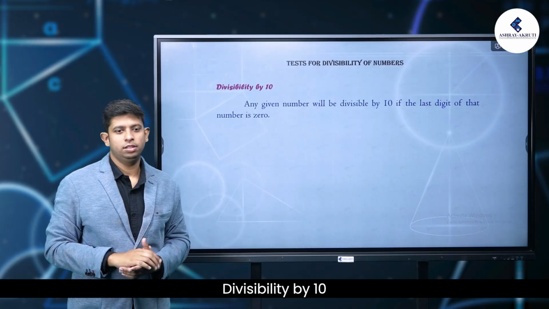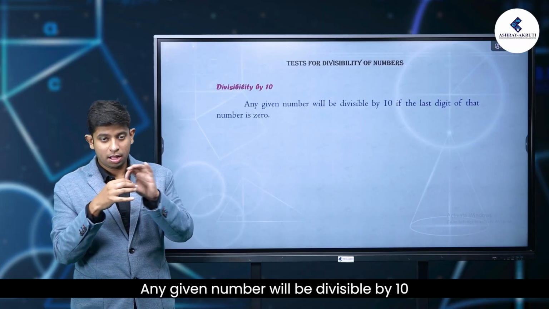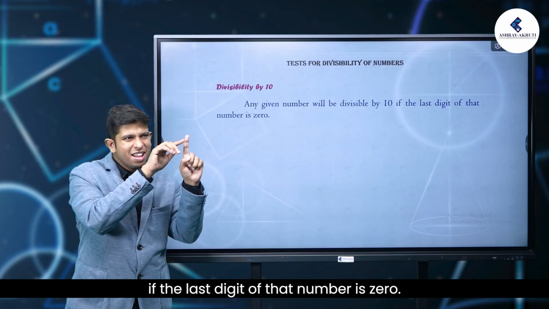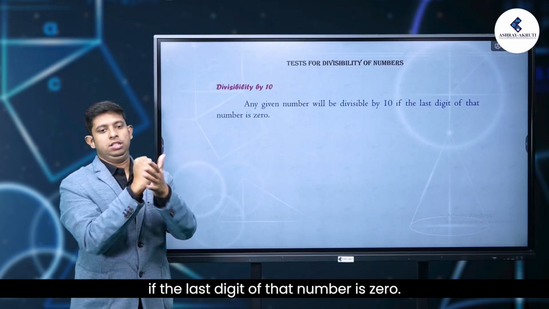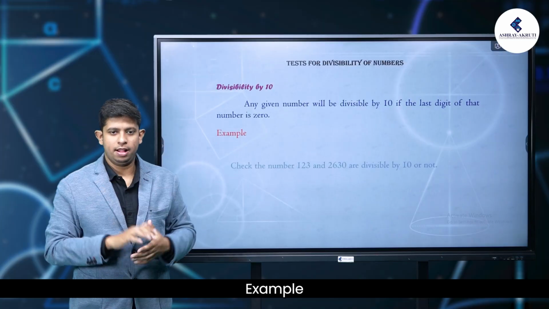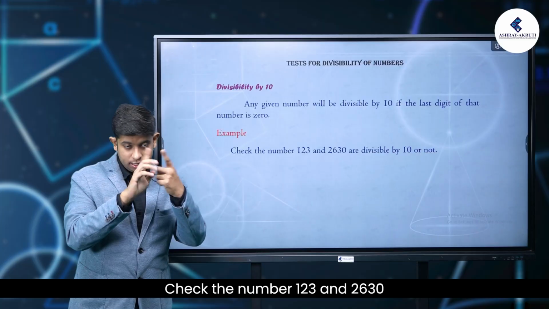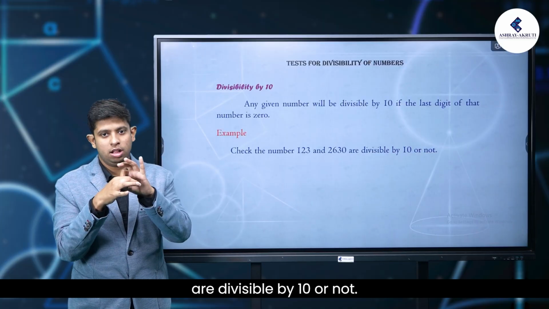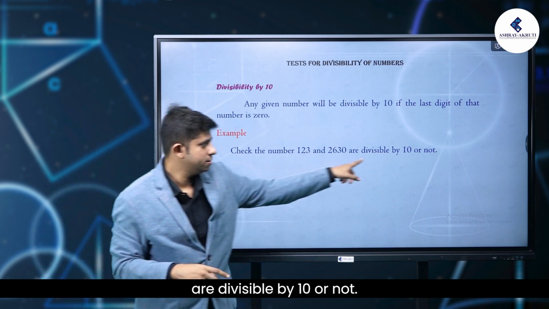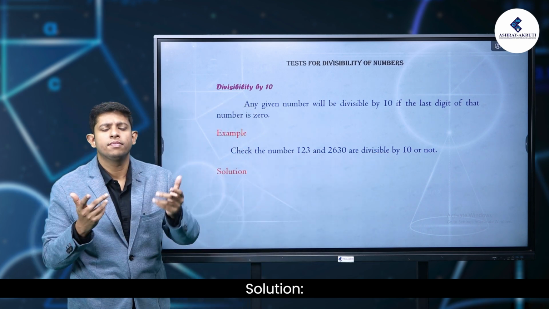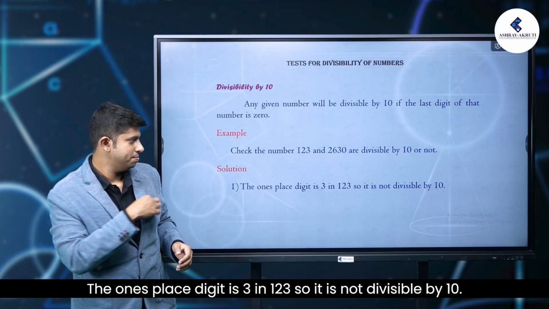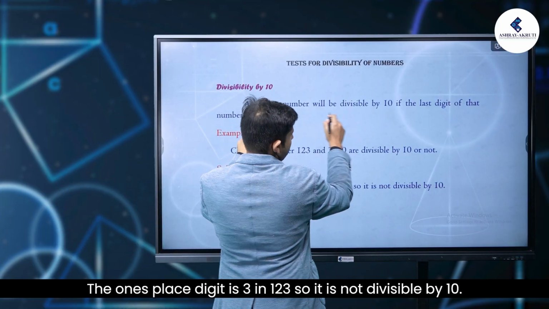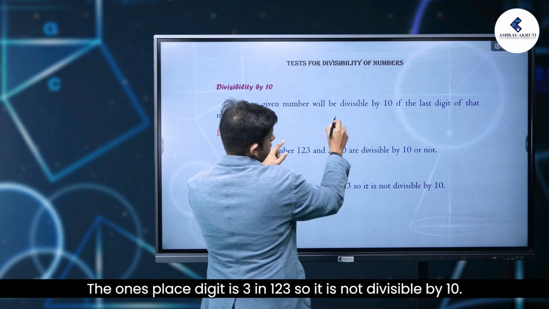Divisibility by 10. Any given number will be divisible by 10 if the last digit of that number is 0. Example: check whether the numbers 123 and 2630 are divisible by 10 or not. Solution: the ones place digit is 3 in 123, so it is not divisible by 10.